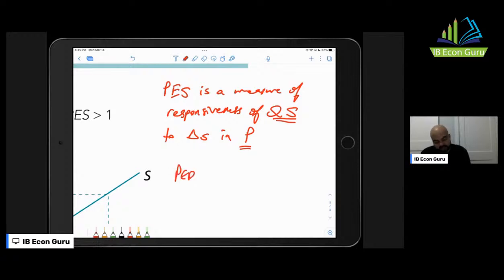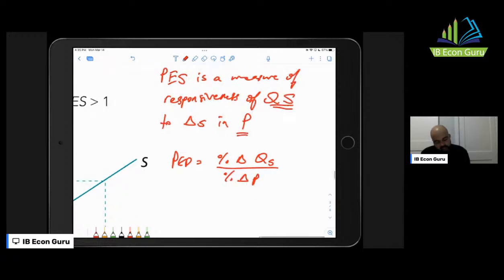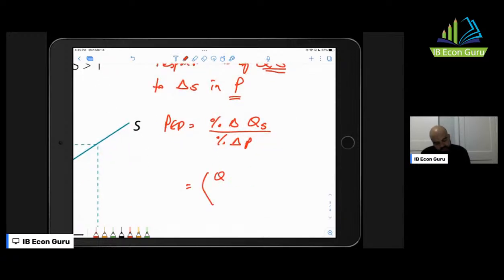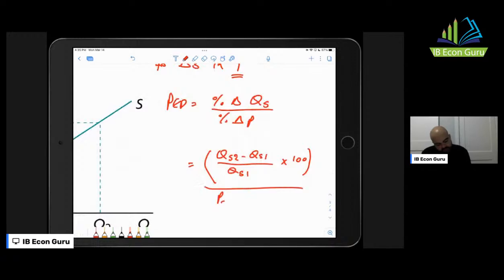So PES is equal to percentage change in QS divided by percentage change in P, which is basically QS2 minus QS1 divided by QS1 times 100, all divided by P2 minus P1 divided by P1 times 100.